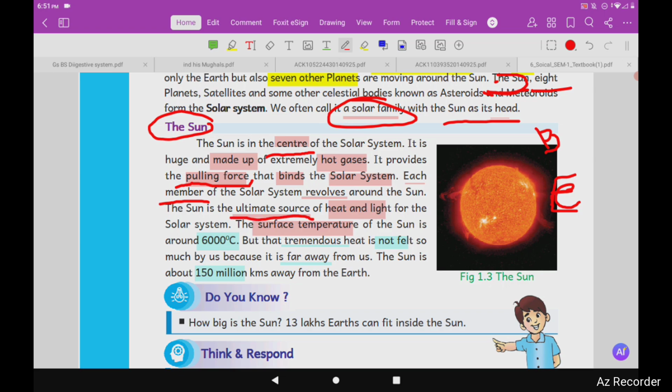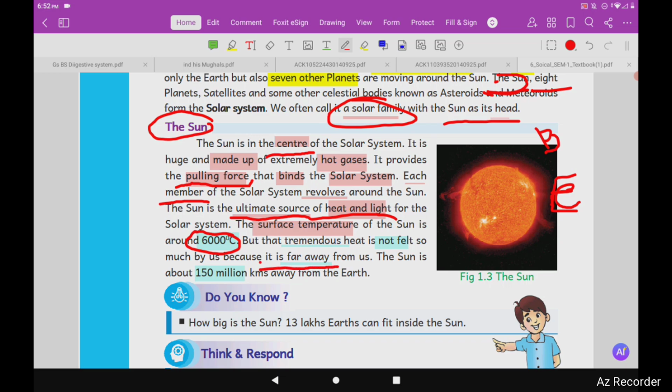The ultimate source of heat and light for the solar system is nothing but the sun. The surface temperature of the sun is around 6000 degrees. We don't feel this tremendous heat so much because the sun is far away from us.